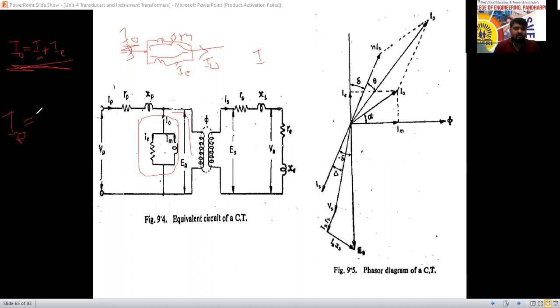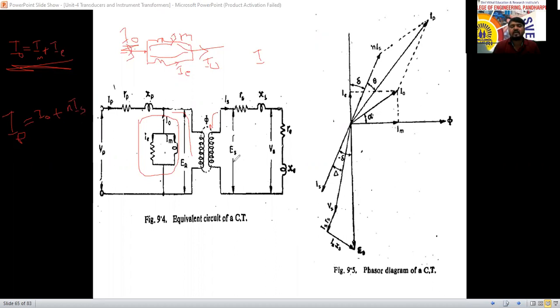It is a combination of I naught plus, because of this IP only, the EMF will be induced in the secondary winding. So the current will be produced in the secondary winding, and that depends on the number of turns. So that is the product N into IS. IP equal to I naught plus N IS, we are going to write that.